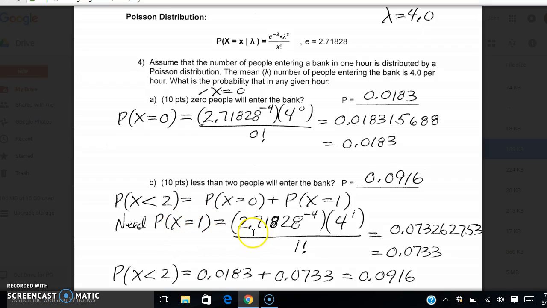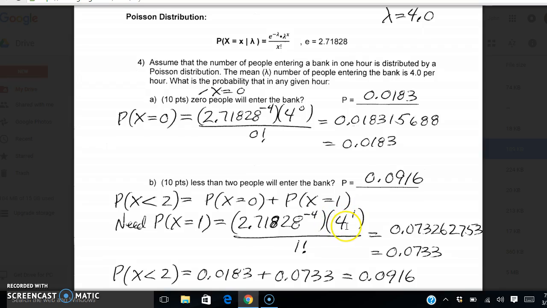So we plug into our equation. We notice that the e to the minus lambda is all the same as before because the mean, the lambda, is 4. So we're going to use the same value that we got up here in section A for this quantity right here. And that's going to be multiplied times lambda to the x, or lambda with the exponent x, which is 1 in this case.